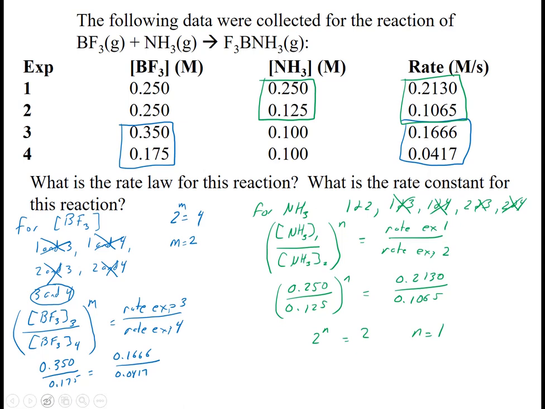So my rate law for this reaction, the answer to the first question, is: rate is equal to k, and every equation has the k, times the concentration of BF3 squared times NH3. I don't have to write the 1, so I'm not going to. So we've answered this question.